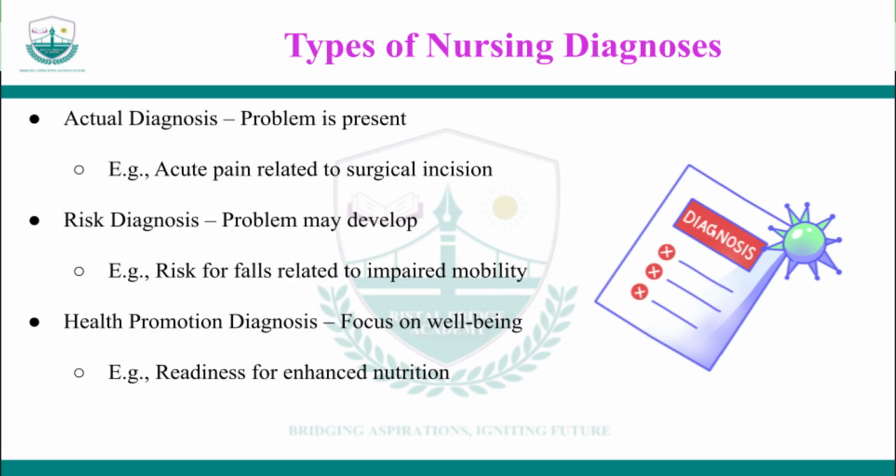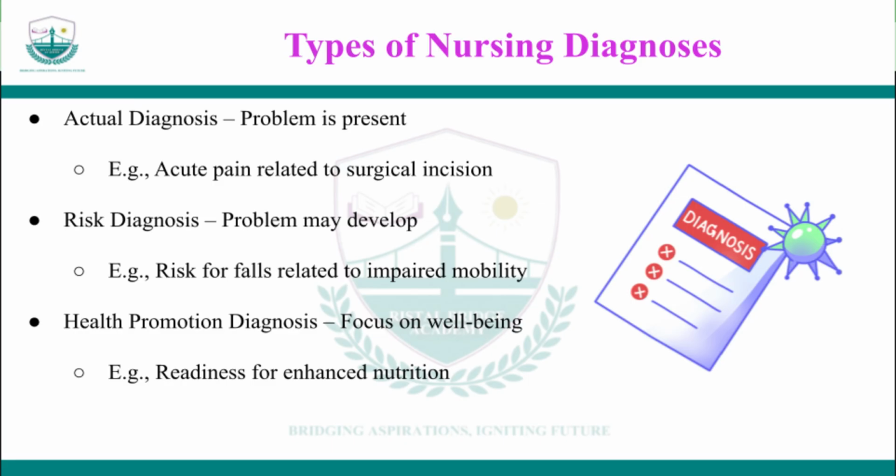Then the second type is risk or potential nursing diagnosis, and these are used when a patient is at risk of developing a health problem but has not yet manifested signs or symptoms. For example, risk for falls related to impaired mobility.